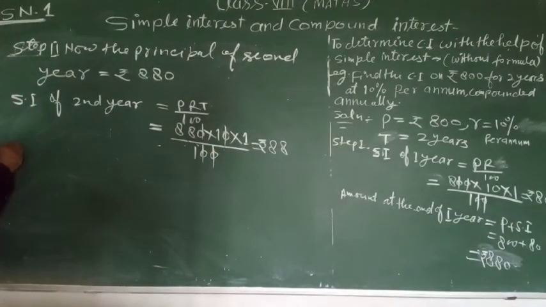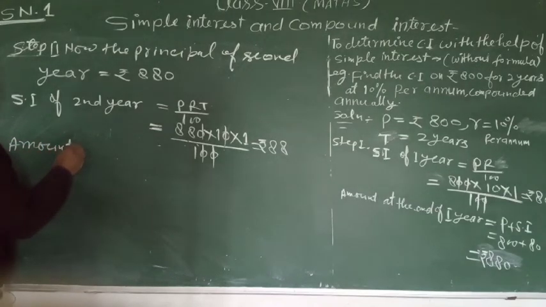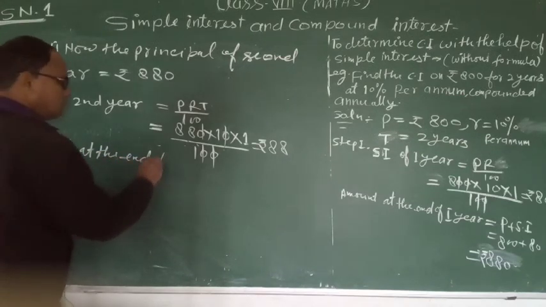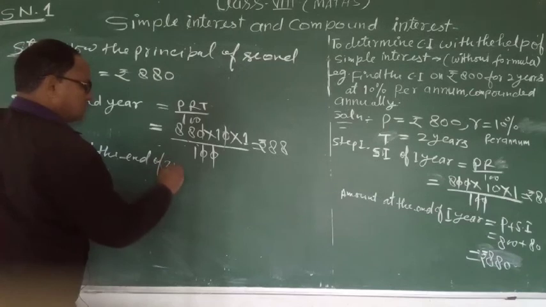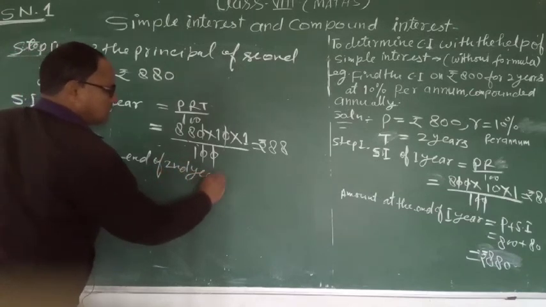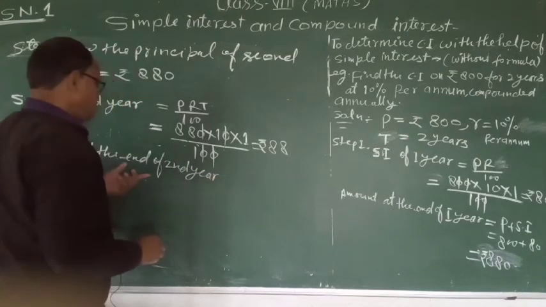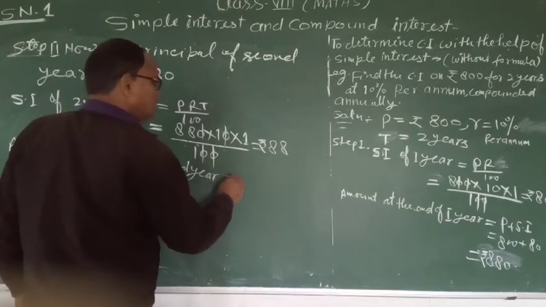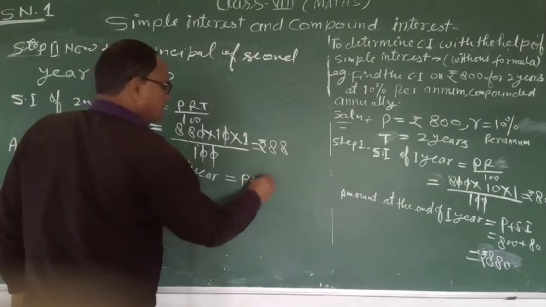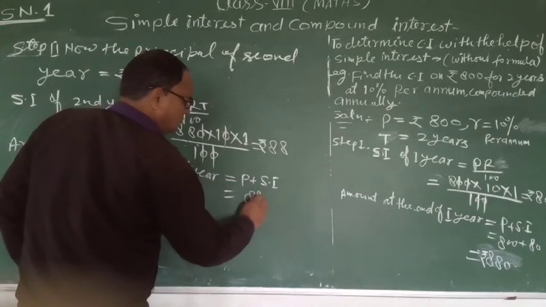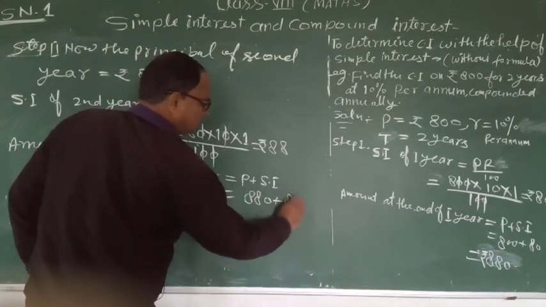After this, amount at the end of second year is equal to principal money plus SI. Here 880 plus 88.